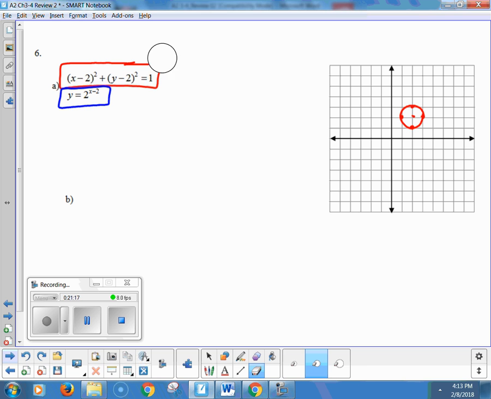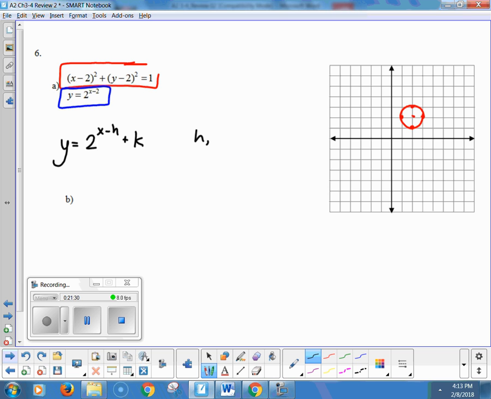Now to graph the exponential function, the parent equation for these exponential functions is y equals 2 to the x minus h plus k. Our locator is (h, k). Our h is definitely 2, and our k is definitely 0.